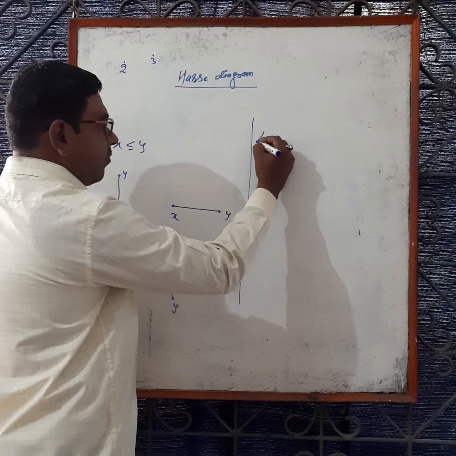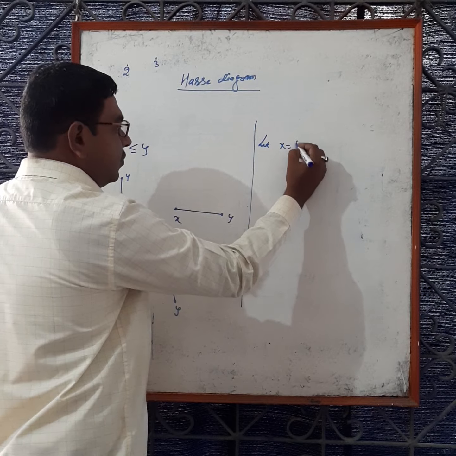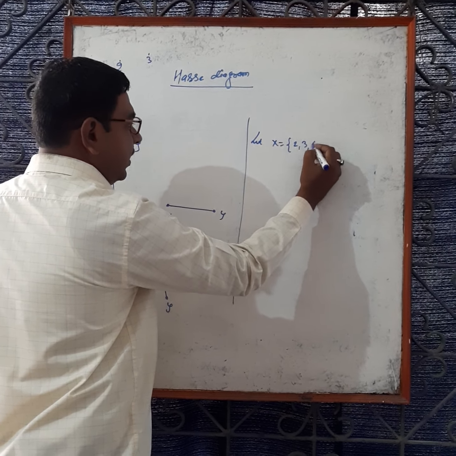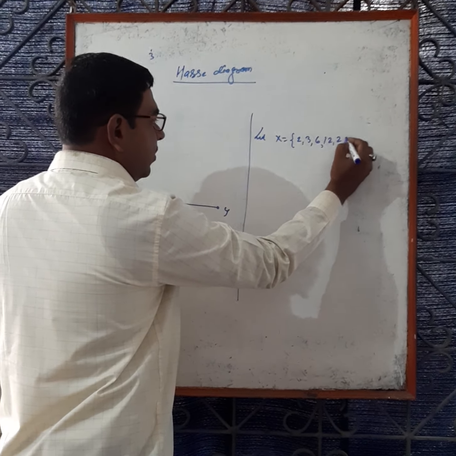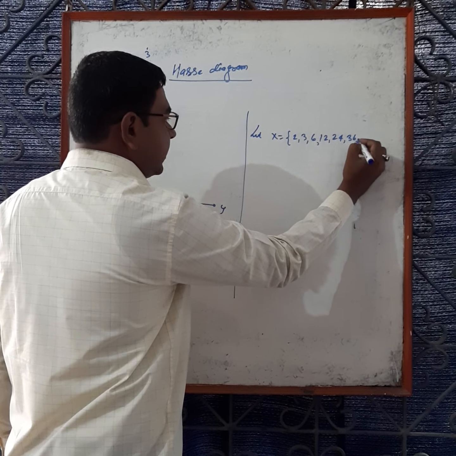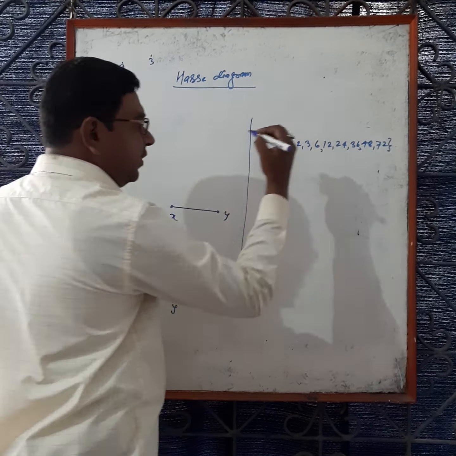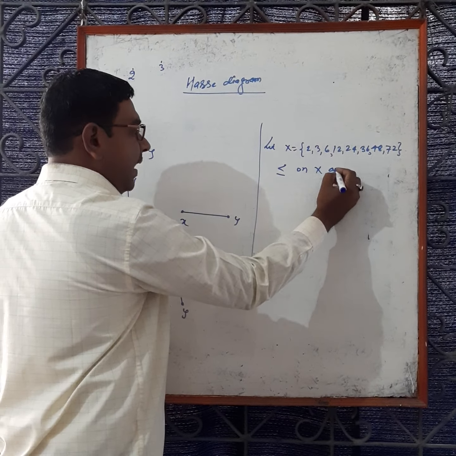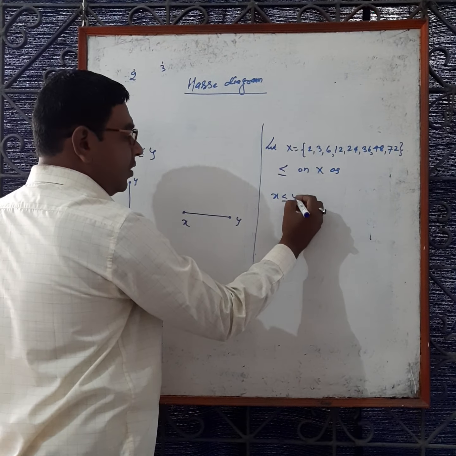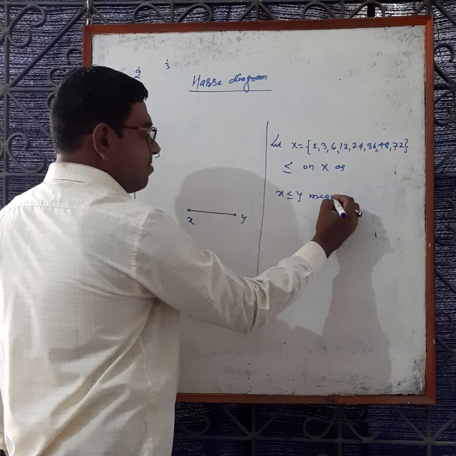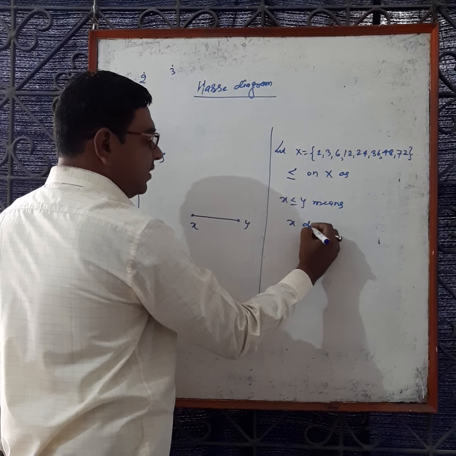Let X equal {2, 3, 6, 12, 24, 36, 48, 72}. We define a relation less than or equal to on X as x less than or equal to y means x divides y.